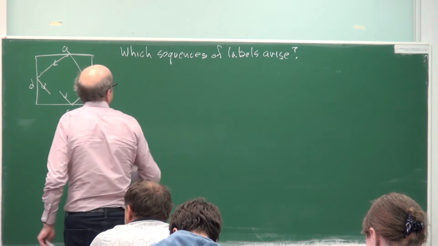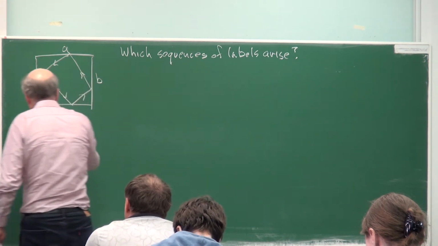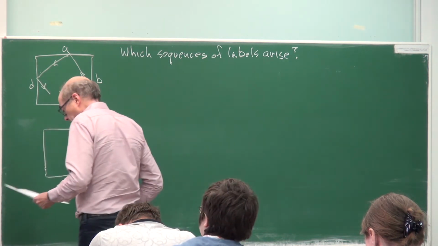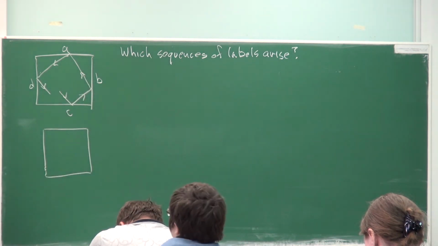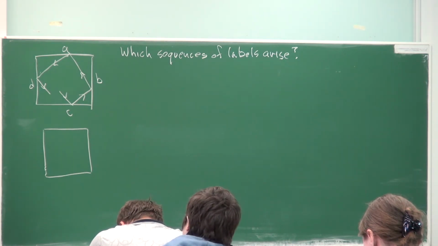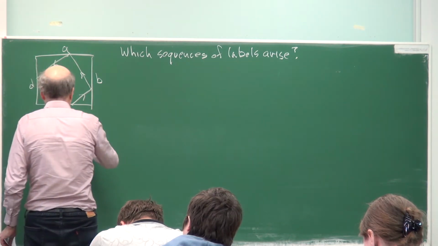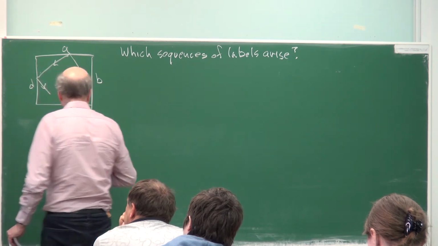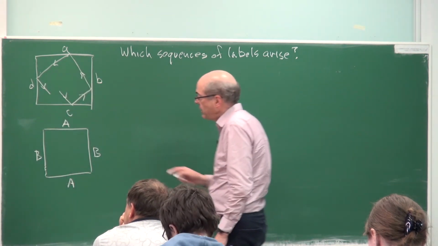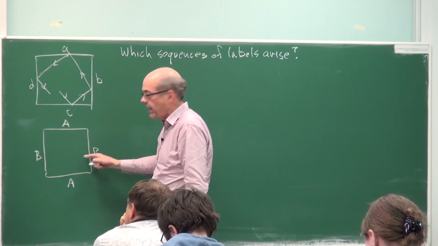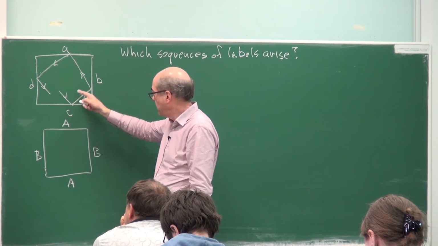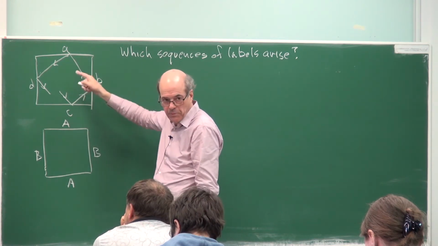Okay, so let me simplify the problem a little bit. We can look at a simplified labeling system. Let me label the top and the bottom with an A, and the left and the right with a B. Now if you know a sequence of A's and B's, you can recover a sequence of small letters, right?